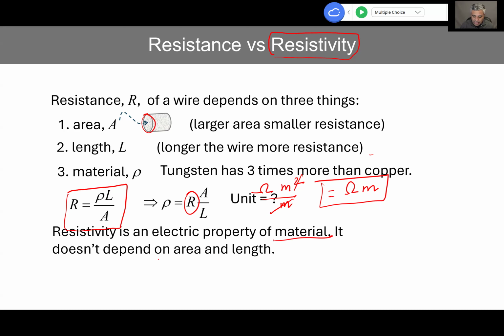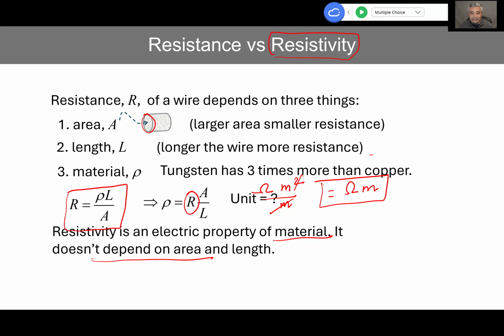So that's what I'm writing here. Now if resistivity is 0, then we say the conductor is now a superconductor, like some human becomes superhuman, at least in the movie.